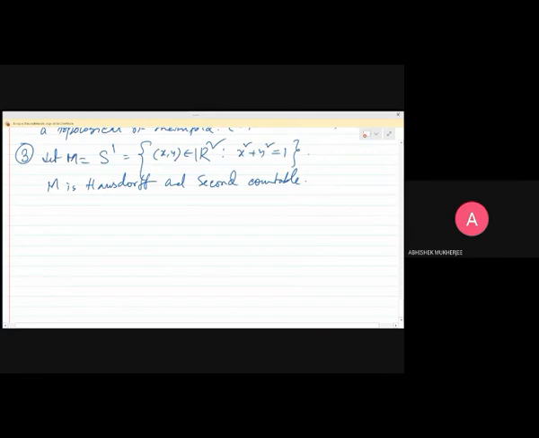So now you can define an atlas. Suppose we consider stereographic projection.